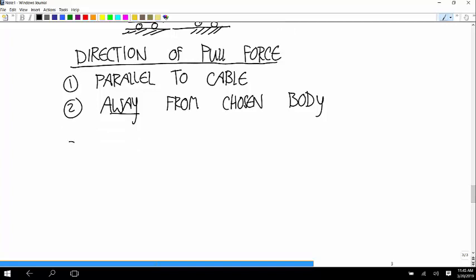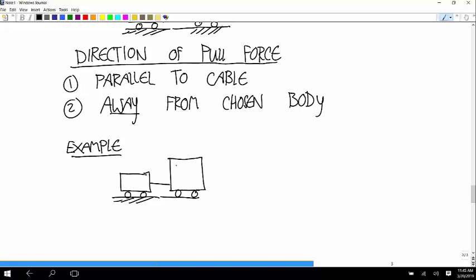Okay, so as an example, let's say we have two carts connected by a cable. Let's say this one is 5 kilograms. This one's 10 kilograms.